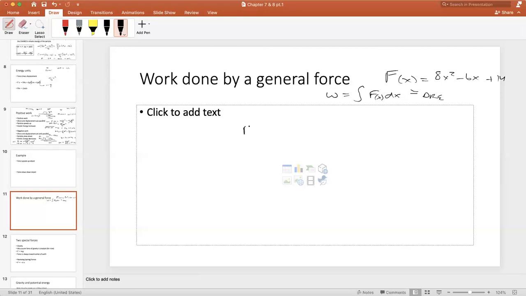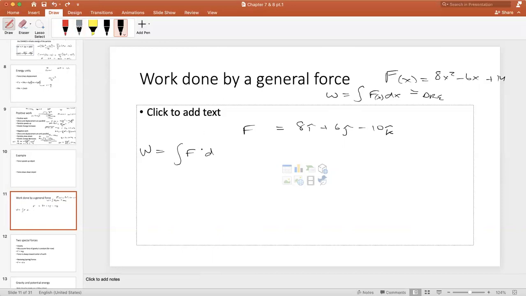You could also have a general force, right? That's something like 8 in the I hat plus 6 in the J hat minus 10 in the K hat, right? And this force, you could integrate to find the work, F dot dx and dy and dz, right? I'm sorry, don't do that.